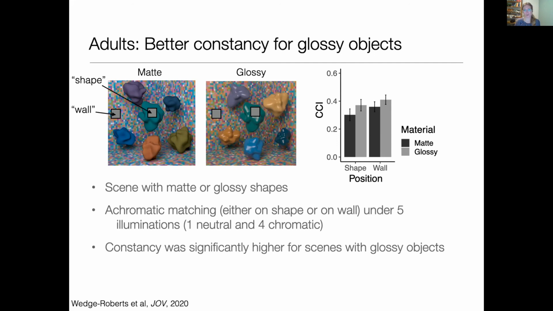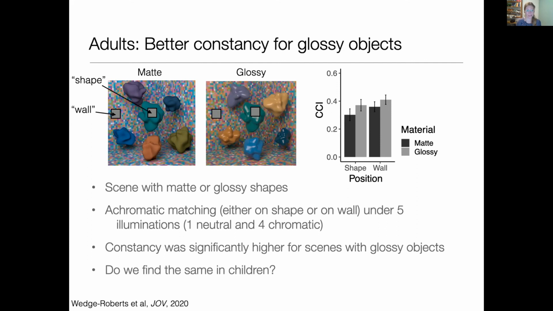So when the subjects were doing the match on the shape, that's shown on the left, and when they were doing the match on the wall, that's shown on the right. You can see that regardless of the position of the patch, constancy was better for the glossy scenes. So we inferred that subjects were sensitive to this specular highlight cue.